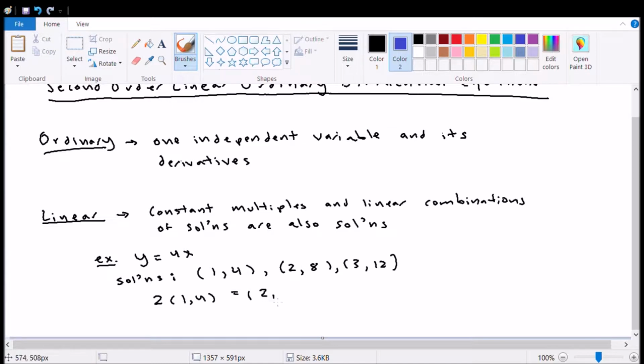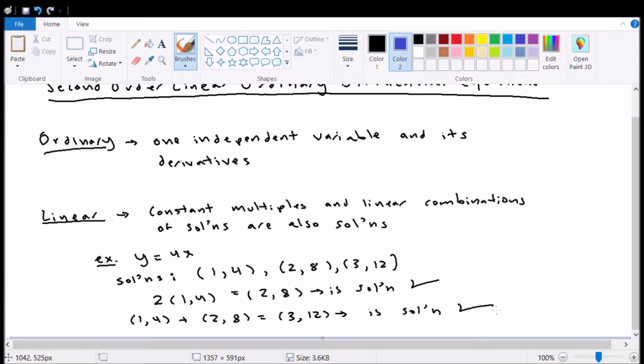As (2, 8) is also a solution, this verifies that constant multiples work. So (1, 4) plus (2, 8) equals (3, 12). And (3, 12) is also a solution, so this verifies that linear combinations of solutions give rise to different solutions. And so therefore 4 equals yx is linear, or y equals 4x is linear, my bad.